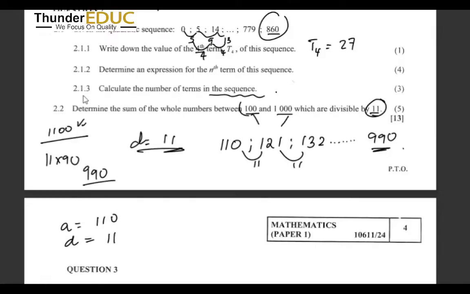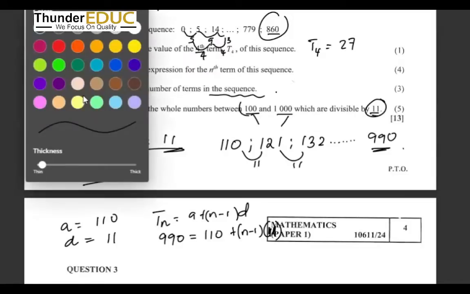But we don't know how many terms there are in this sequence. So let's start by getting that, and say Tn is equal to a plus n minus 1 into d. So 990 is equal to 110 plus n minus 1 multiplied by 11.